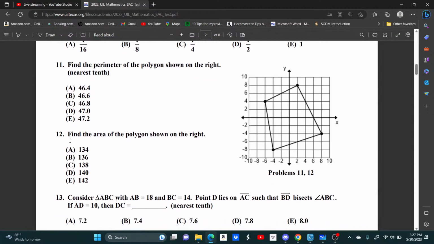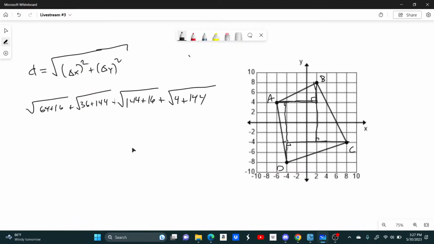Alright, now we have to find the area of this, which is actually a little bit easier if you know the quick way of doing it. There's this formula for finding the area of something on a grid, and it's called Pick's theorem. I think it's a little bit easier than shoelace theorem, but you have to use shoelace theorem if you're just given the points. But in this one, we're given the graph, so you can use Pick's theorem.